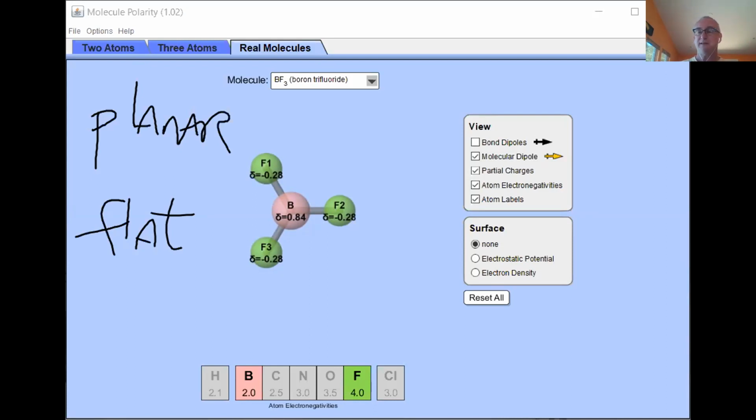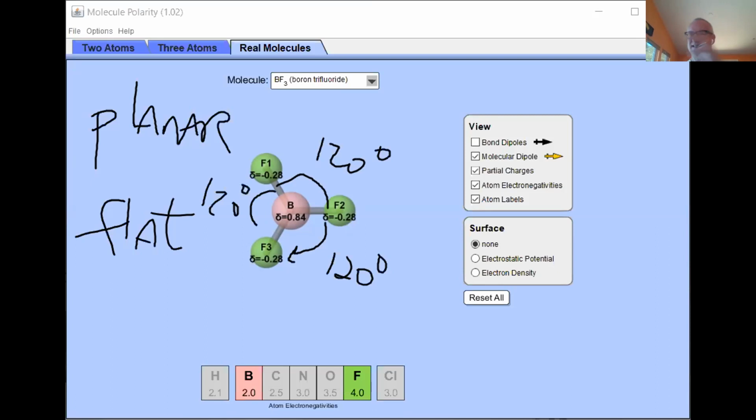Notice, basically it looks like a fidget spinner, right? We could just spin that thing. And it's the same, we have the same bond angle. Each one of those has 120 degrees because there's 360 degrees in a circle. So each one has exactly the same bond angles. They have exactly the same size of dipoles.